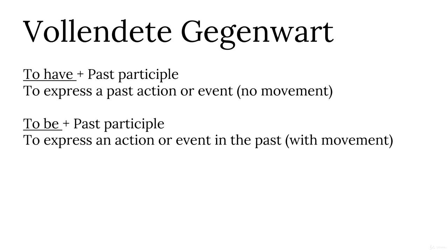So it would be the pronoun, the fitting form of the verb haben, ich habe, du hast, sie es hat, and so on, plus the new form of the main verb. And the same thing applies to sein.